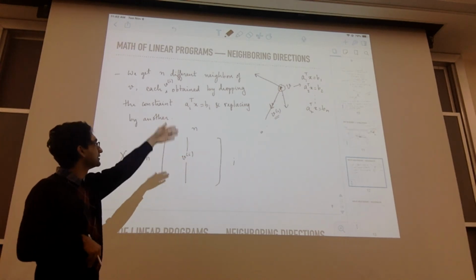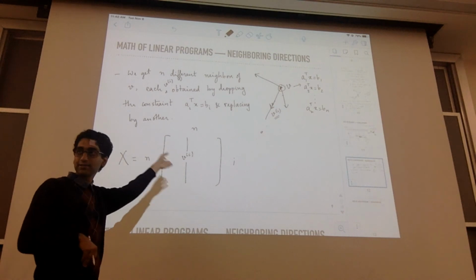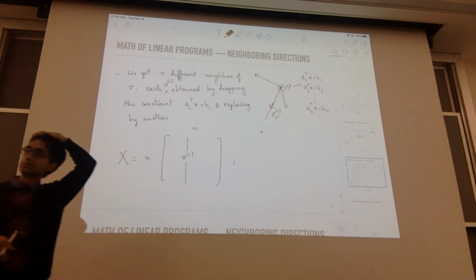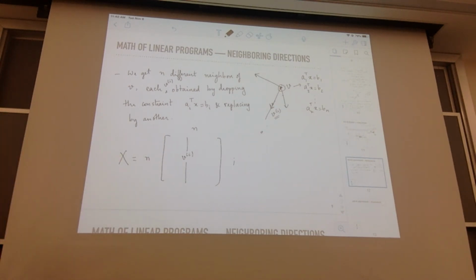And each one is a direction in n-dimensional space, so this is an n by n matrix. So now I would like to ask, let's consider a matrix A.